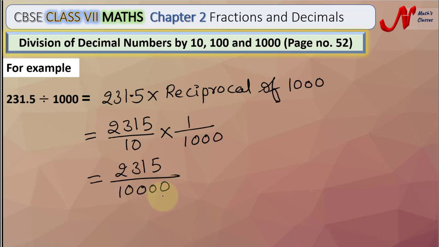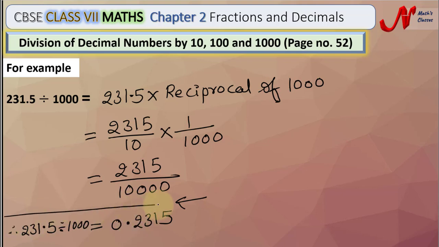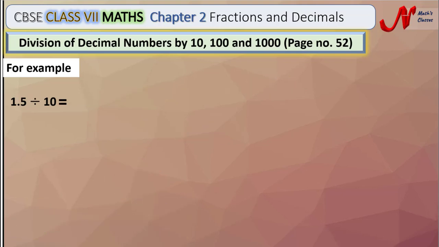In the denominator we have 4 zeros, so in the final result we keep the decimal point from right to left after 4 digits, so we get 0.2315. Therefore 231.5 divided by 1000 is equal to 0.2315. Now we discuss some more examples about division of decimal numbers by 10, 100 and 1000.